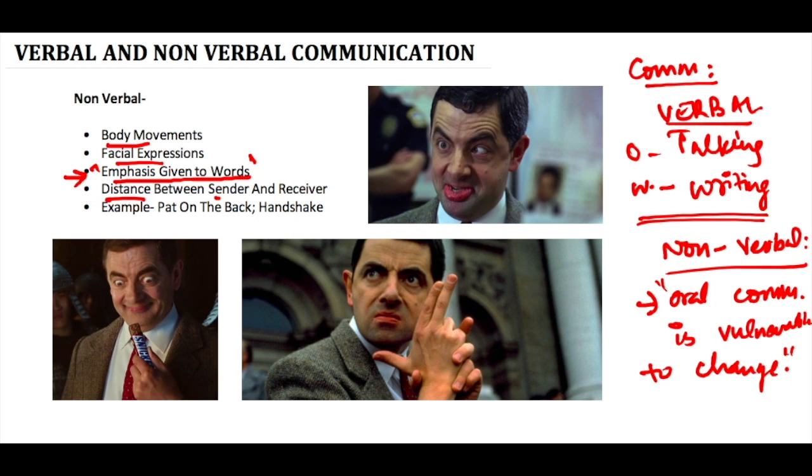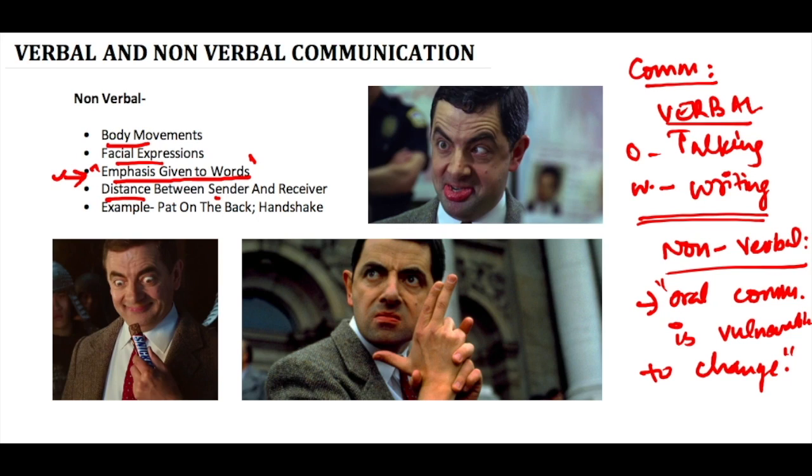Now I'm going to emphasize certain words, and then let's see how you perceive it. Oral communication is more vulnerable to change, whereas a written communication is more permanent in nature and therefore it's less vulnerable to change. So I'm emphasizing certain words and therefore trying to affect the communication which is happening between me and you, and that is non-verbal communication.